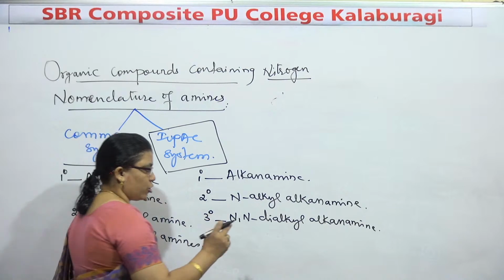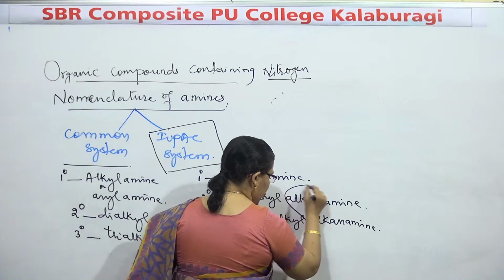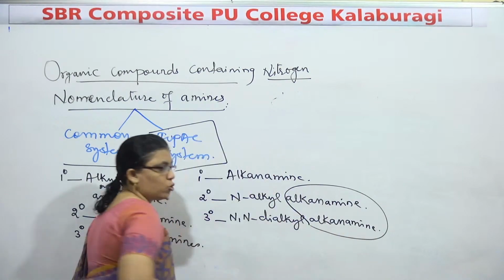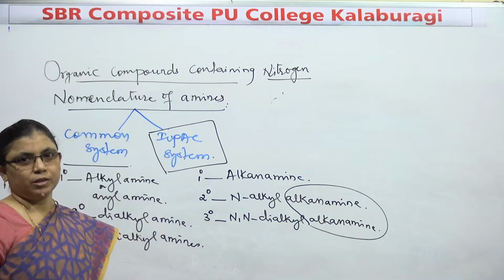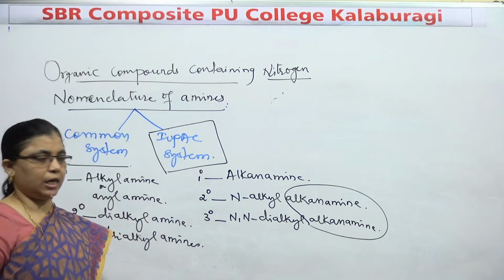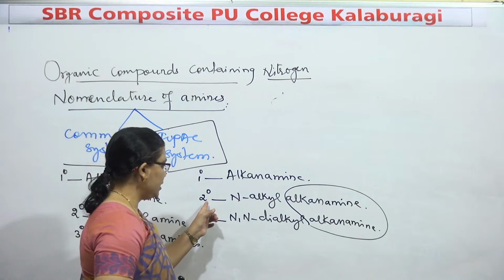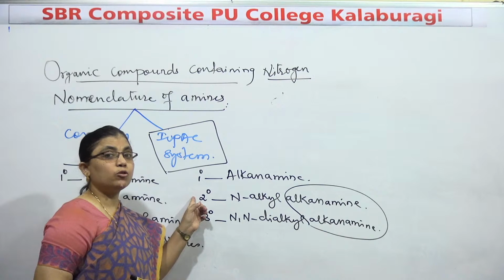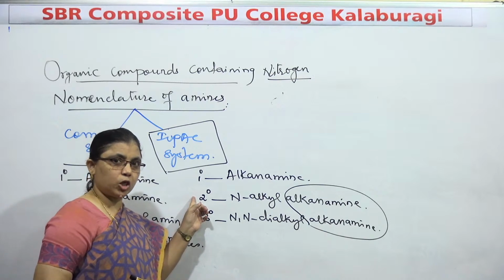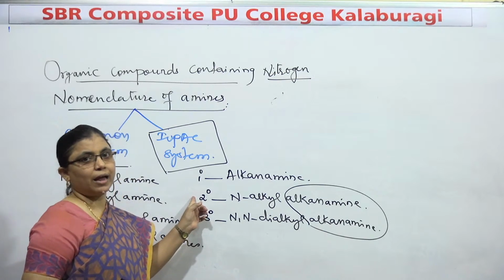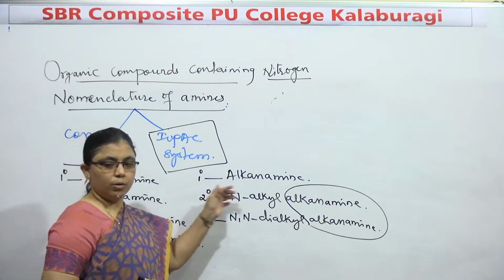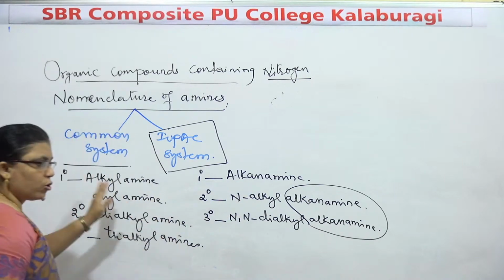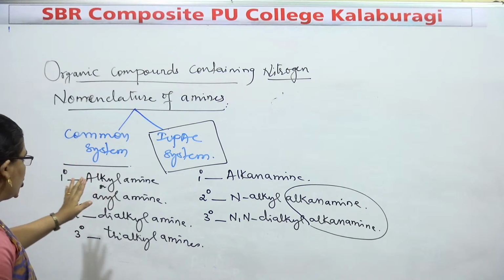One thing you need to remember here, children: the longest chain should be the parental chain. For example, if they contain a methyl group and an ethyl group linked to nitrogen, ethyl should be considered the parental chain, and methyl should be considered the substituent. Before going to the examples, let me clear it once again.